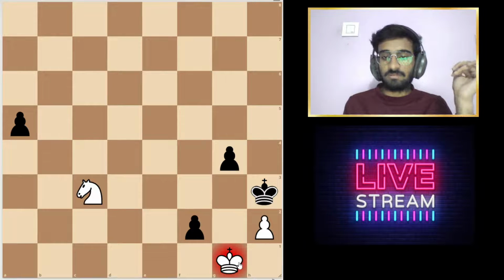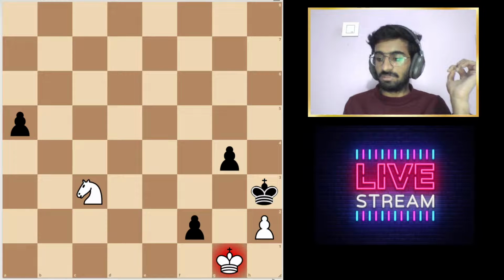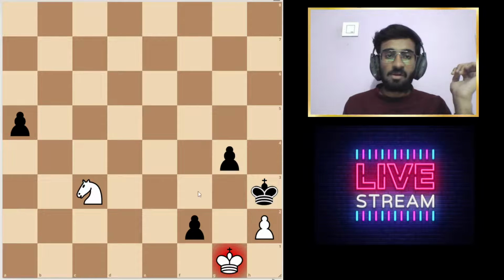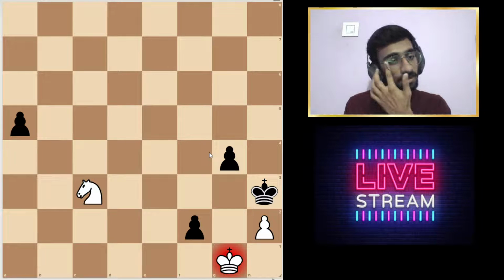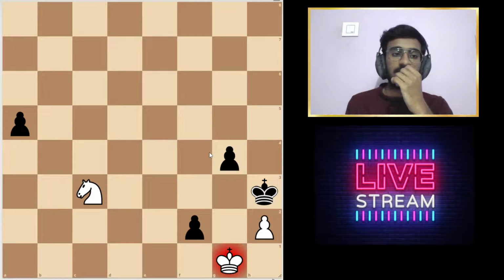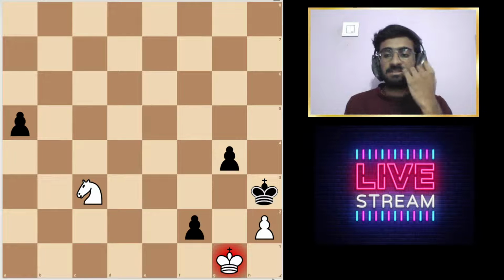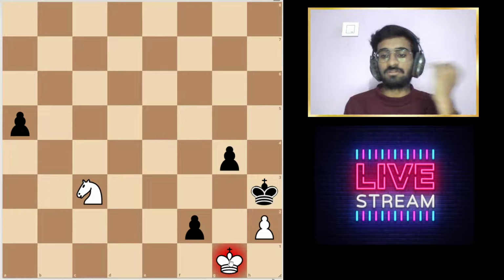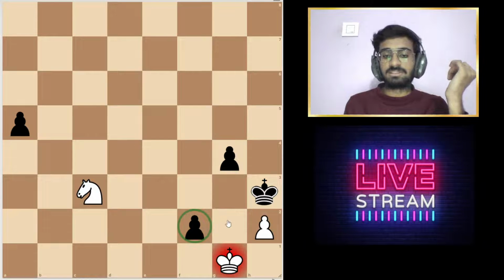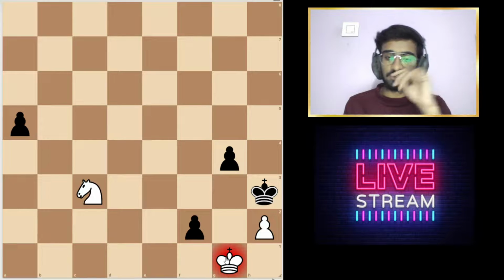So, what can you do here? White to move. White is under check. First, let's see how many ways there are to get out of check. Nothing can capture this pawn. This knight is far away, so knight takes pawn is not even the question.